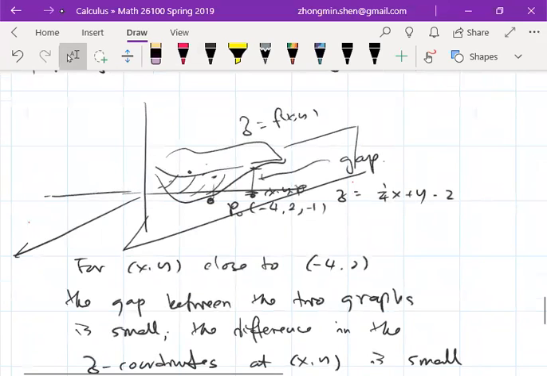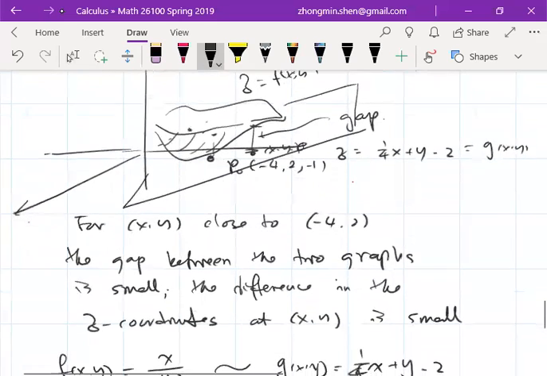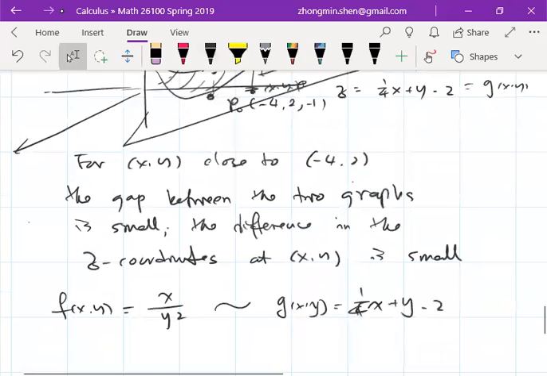The gap is the difference of those two functions, and it gets smaller and smaller when x, y gets close to -4 and 2. So you can use a linear function to estimate the value of the original function.